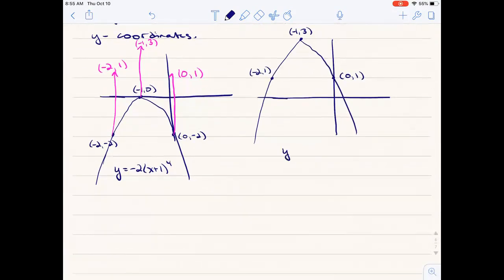So now we have y equals -2 x plus 1, I think, yeah, to the power of 4 plus 3.